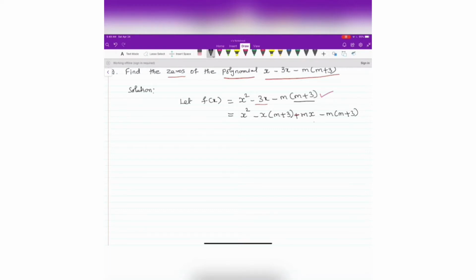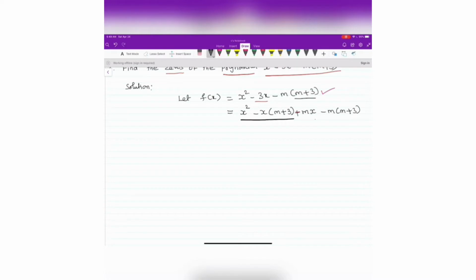Now combining x square minus x into m plus 3, I can write this as x can be taken as common factor. Then inside I will be having x minus of m plus 3. Then when I combine mx minus m into m plus 3, I can take out plus m.